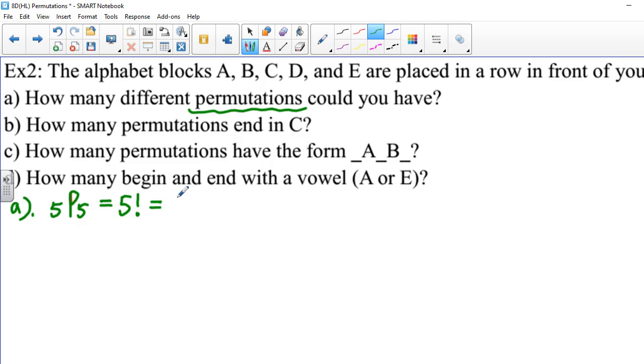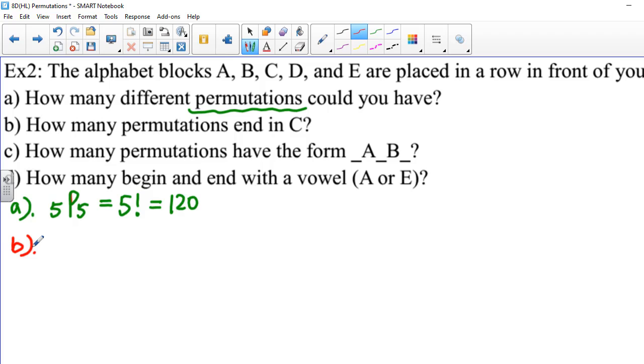Both of them are equal to 120. So right now we can use the permutation notation to write out the answer in one step, instead of drawing 5 lines and filling up each line step by step, and then applying the product counting principle to multiply the numbers of ways in each step.